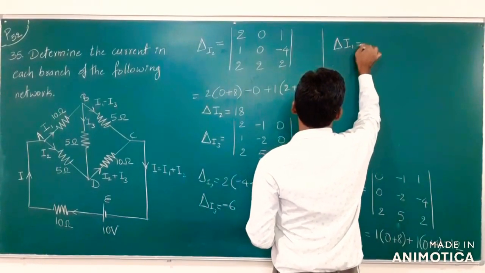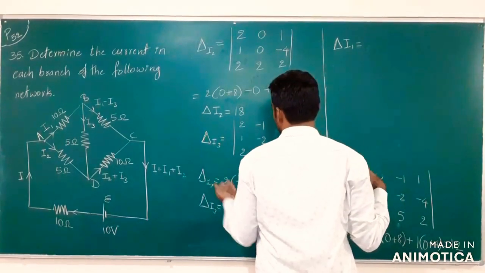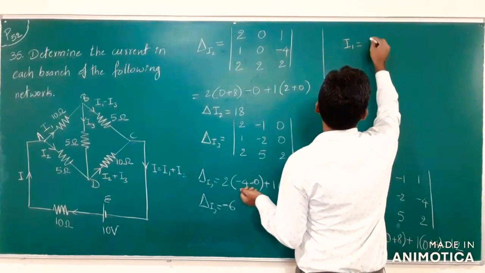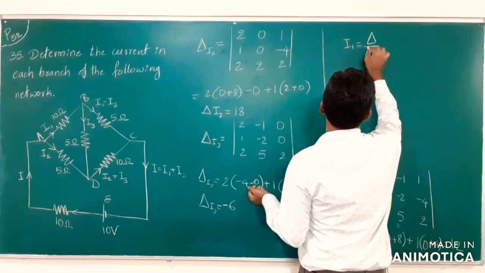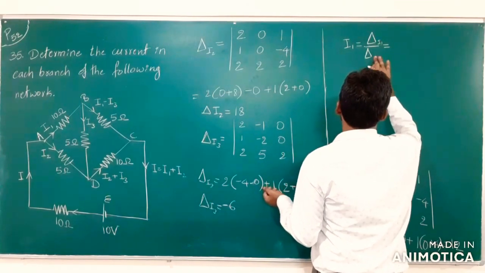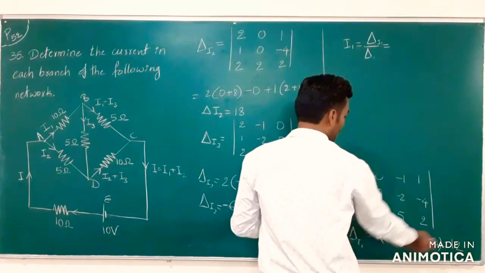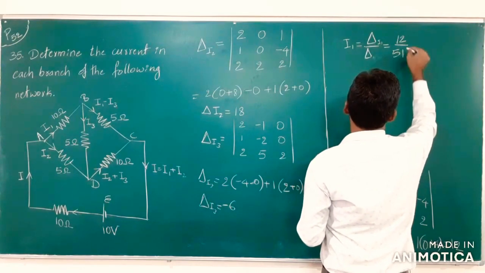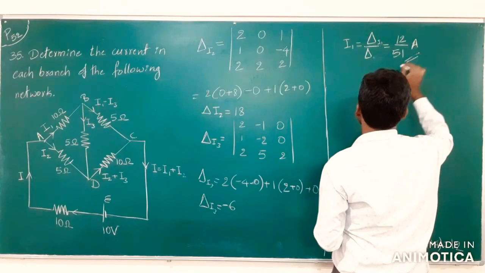I1 is equal to delta I1 by delta. What is delta I1? Delta I1 is 12. What is delta? Delta was 51. So 12 by 51 ampere is I1.